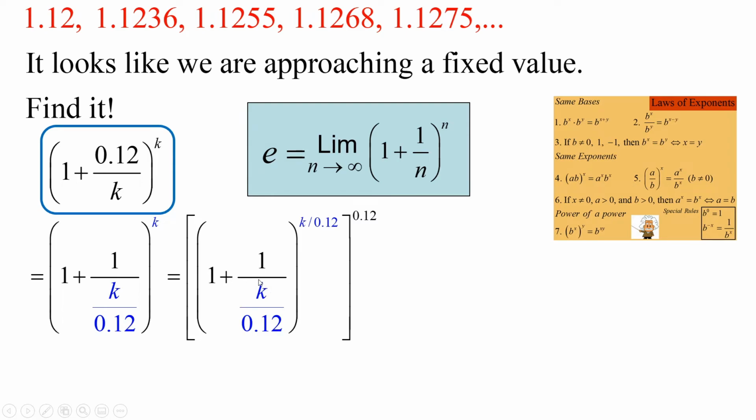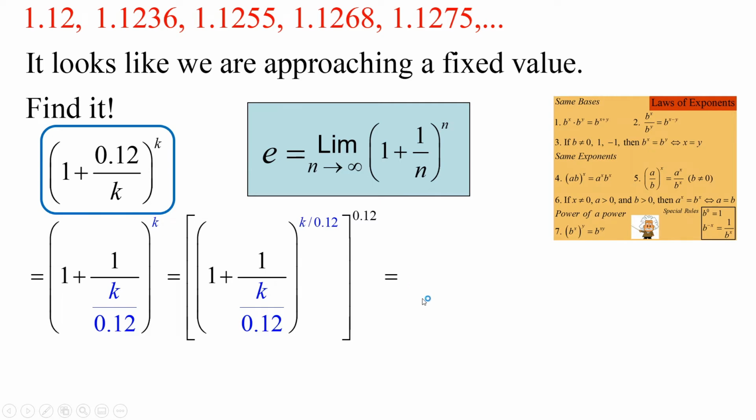And again, if k is approaching infinity, like n is approaching infinity up here, then this expression and this expression are going to both converge to the same thing, that e, which is approximately 2.718. So guess what?